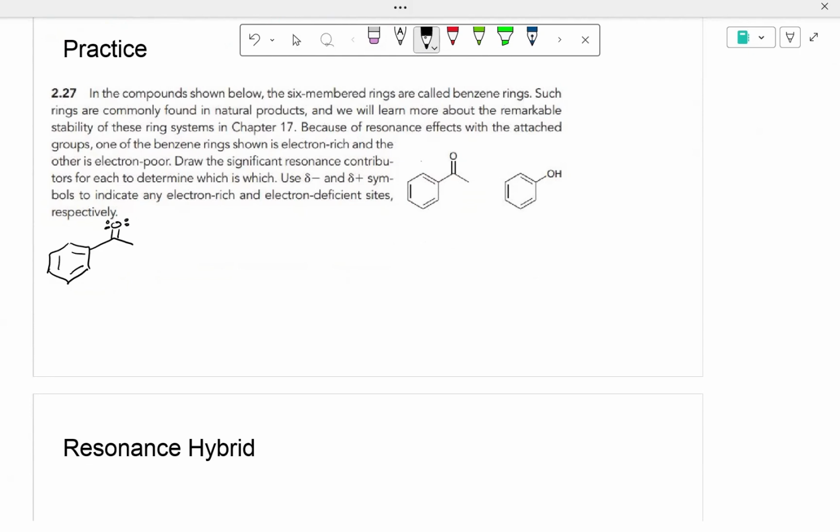Let's start with one of our common patterns: move electrons in a pi bond up to the more electronegative atom. Now, is that all we can do?